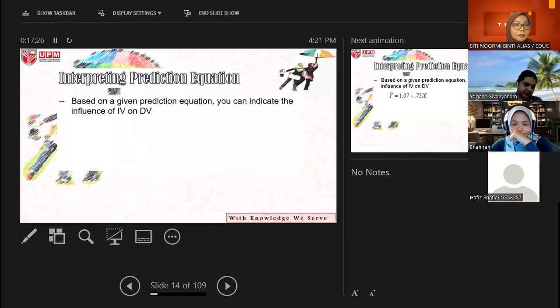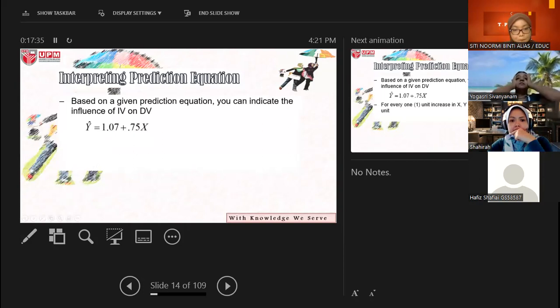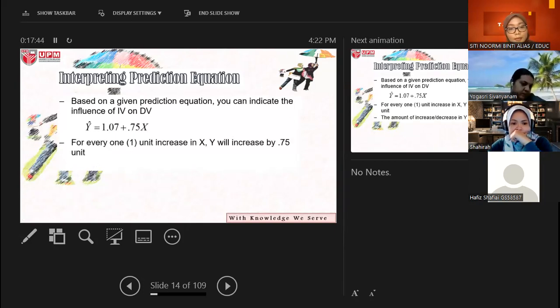Interpreting the prediction equation: based on a given prediction equation, you can determine the influence of IV on DV. For example, y equals 1.07 plus 0.75x.